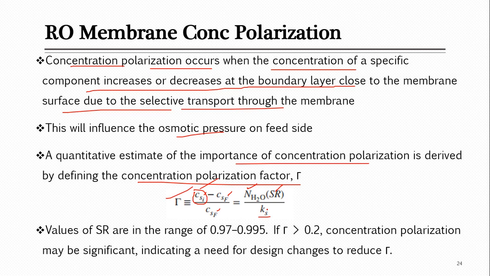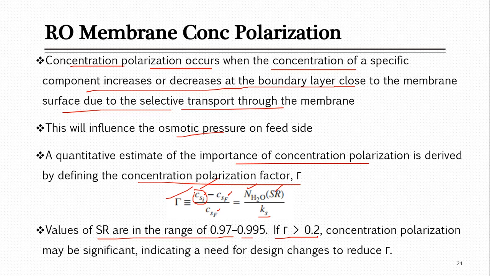So when you are designing any reverse osmosis system, it is important to calculate this parameter for your given system based on your requirements. The value of salt rejection is usually between 0.97 and 0.995. This means salt which passes through the membrane ranges from 3% to 0.5%, otherwise 97% to 99.5% of salt is rejected.